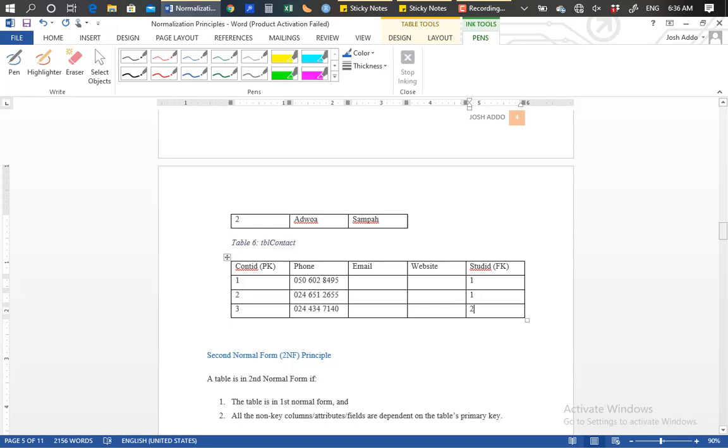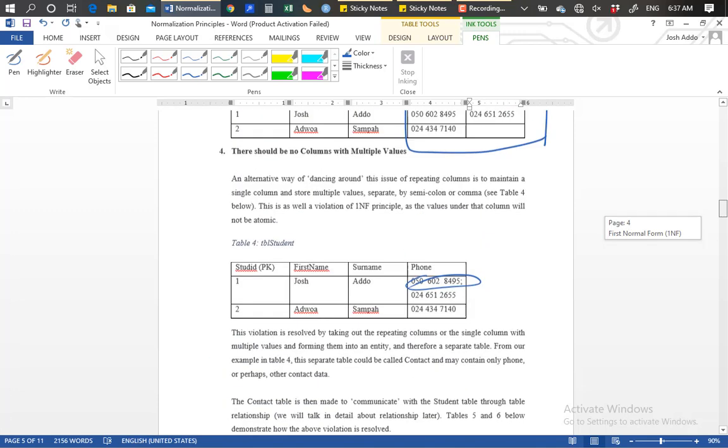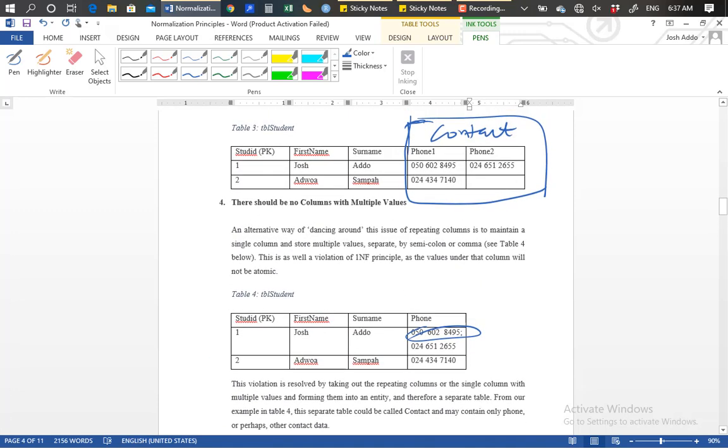The concept is customer. You can have it in repeating groups or columns. You shouldn't also have a column with multiple values under that column, like this one. We shouldn't have something like this.